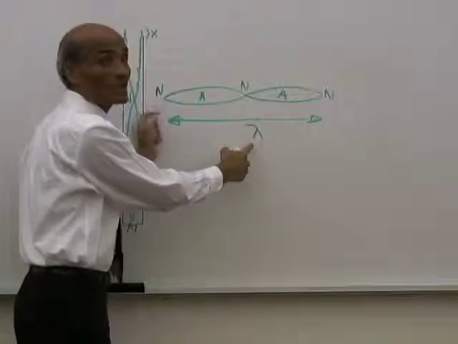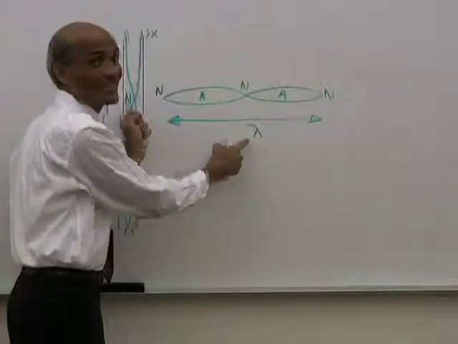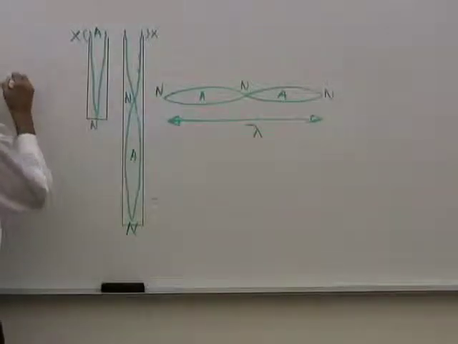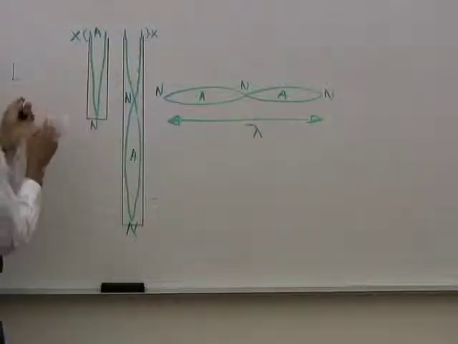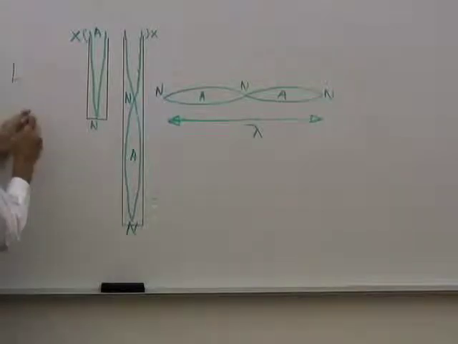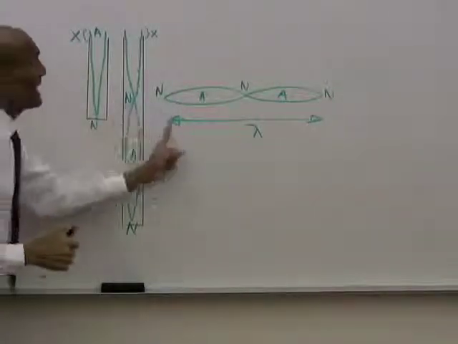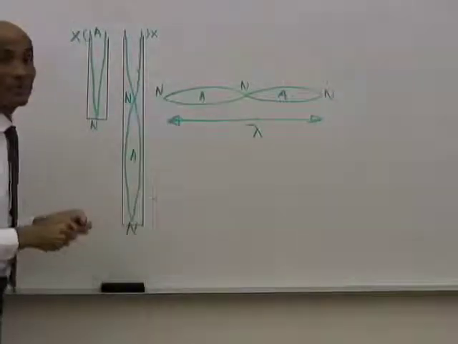It is a quarter of a wavelength. So we can say the length L1, the length of the tube, is actually a quarter of a wavelength.